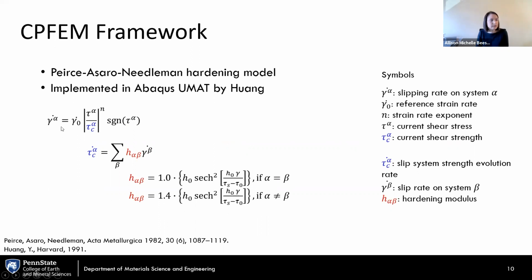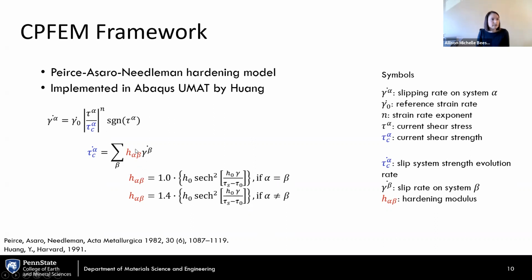So we define our shear strain rate on a slip system alpha, and it's a function of our current flow stress of our slip system, so our current resistance to shear deformation on that slip system. That's our tau C alpha. And we need an evolution law that describes how the strength of that slip system evolves. The Pierce-Asaro-Needleman framework is basically these bottom two equations.